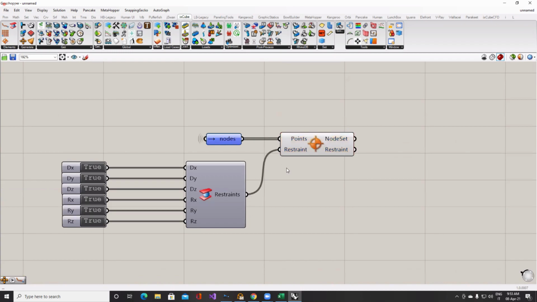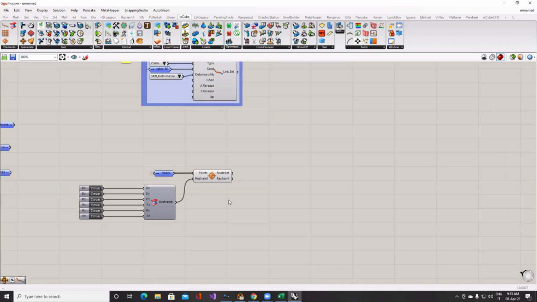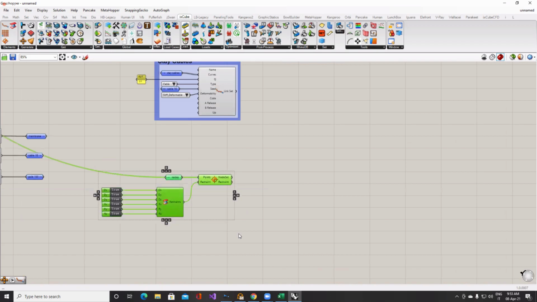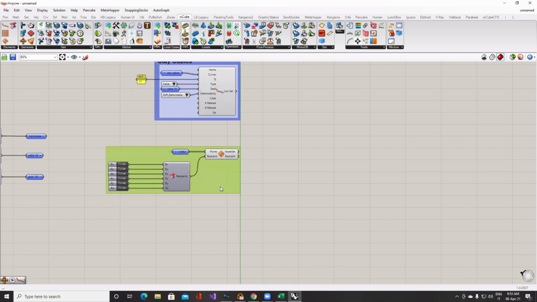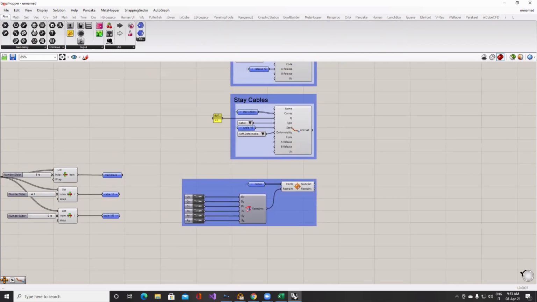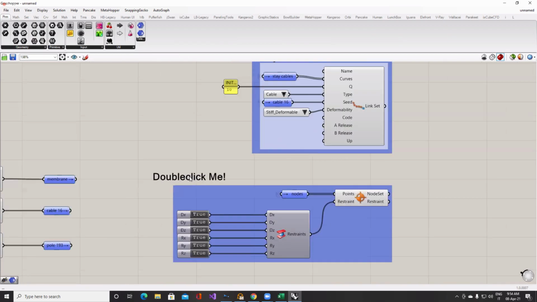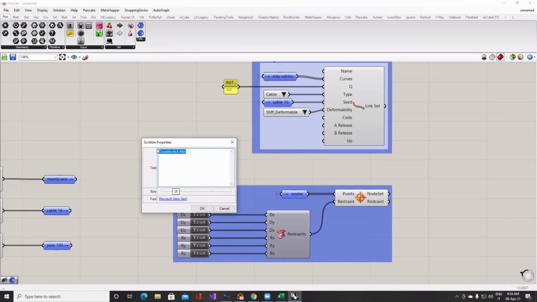And it's quite easy, we want them to be all fixed. So this is just a node set. Everything is clear up to this moment. I think yes, no? Quite simple. These are the restraints.